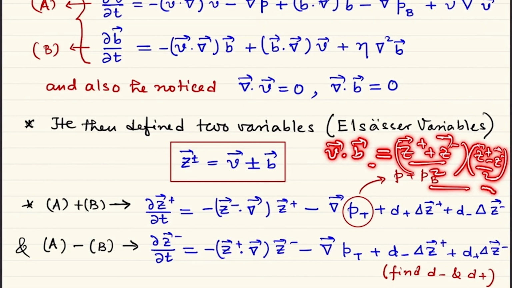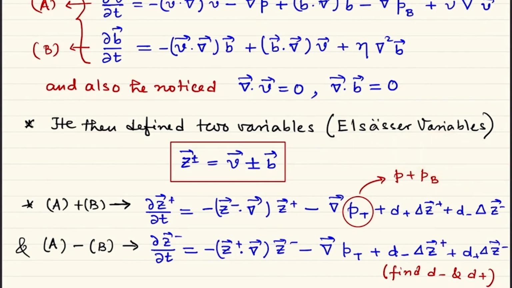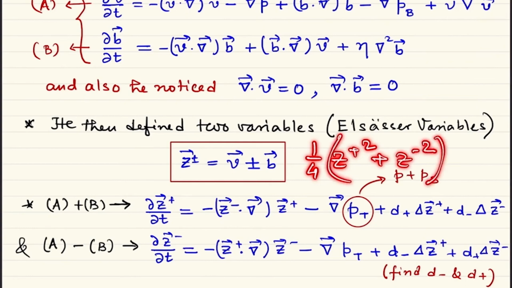Okay, so now the thing is that you have seen that 1 by 4 z plus square plus z minus square is something which is the density of a conserved quantity. And also you have seen that 1 by 4 z plus square minus z minus square is something which is the density of something which is conserved. That is the cross helicity part.